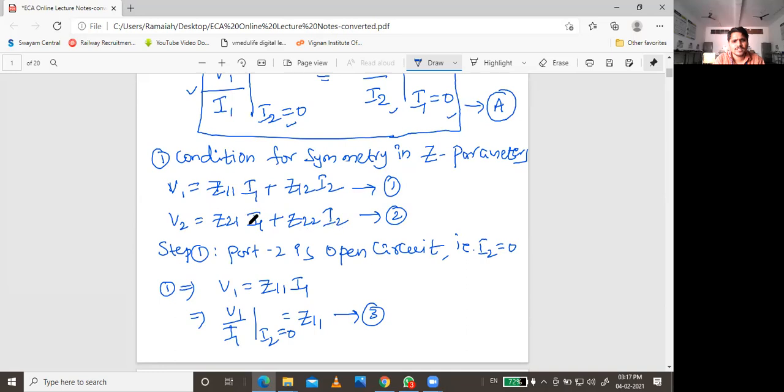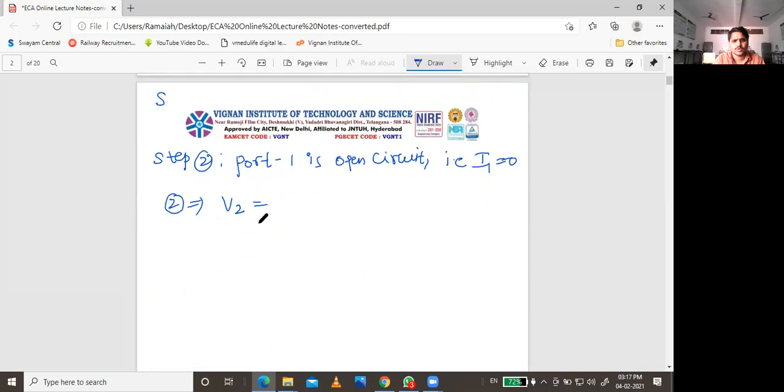But here I1 is 0. So V2 is equal to Z22 I2. So V2 by I2 at I1 equal to 0 is nothing but Z22. This is equation number 4.